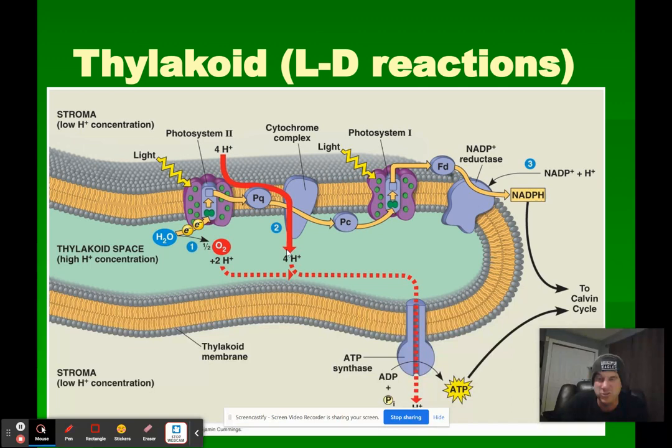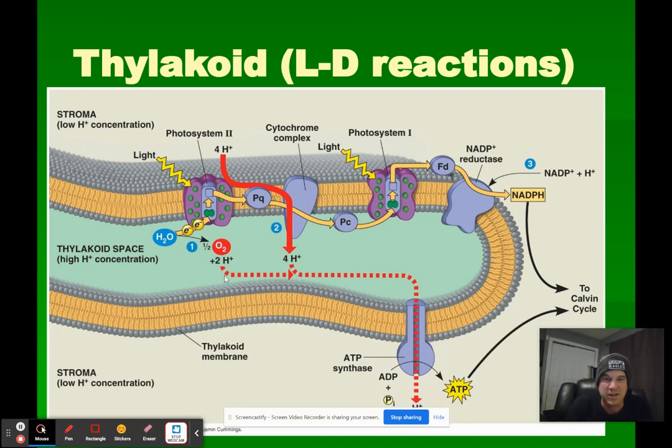They would like to diffuse, but they can't go across the membrane on their own. So we have our friend from cell respiration, the same protein, ATP synthase, embedded in the membrane. And so these H+ ions are able to diffuse across the ATP synthase and produce ATP in the same way as they did for cell respiration.